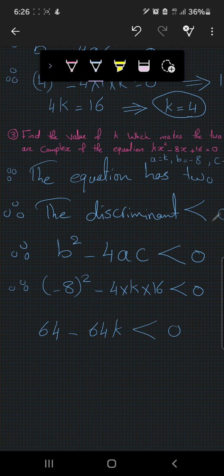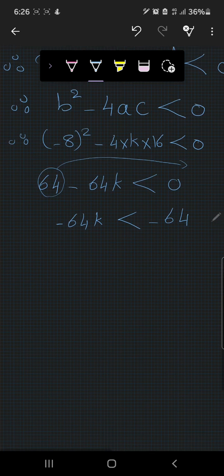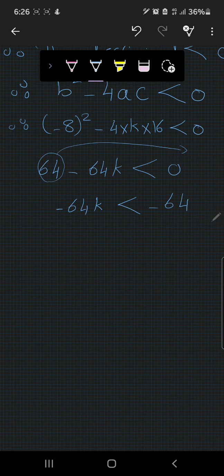Okay, put 64 on the other side. −64k < −64. 64 moved to the other side by the opposite sign becomes −64. Divide by −64. We studied before, when we divide an inequality by a negative, we change the sign.